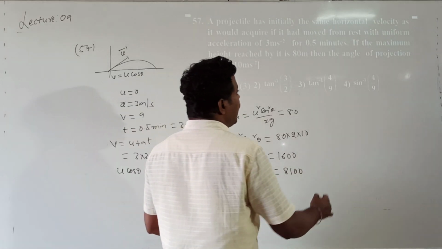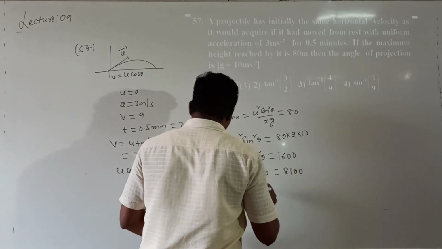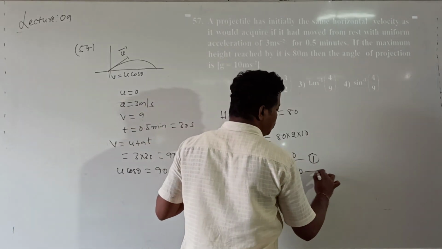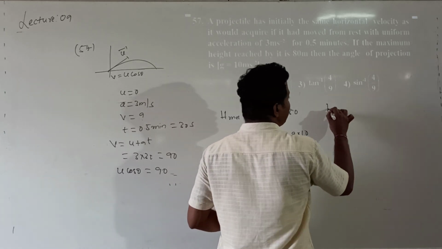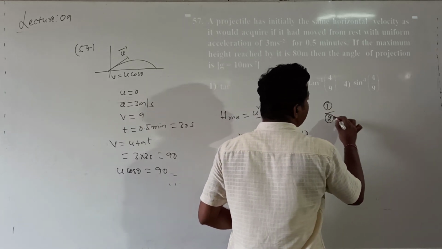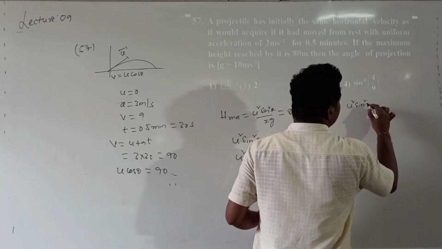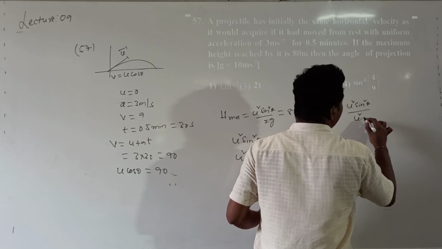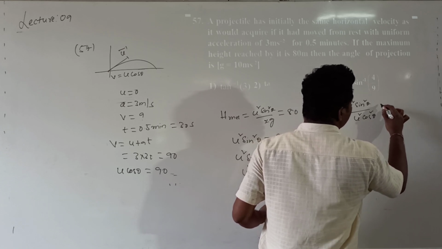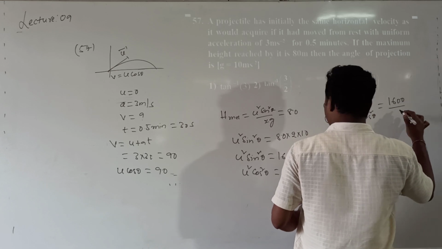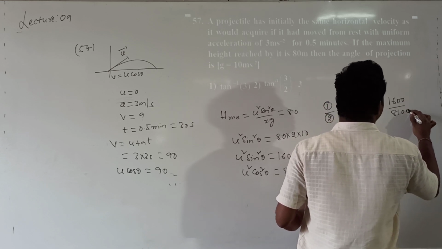So then now they are asking us to calculate angle of projection. So I will call this one 1 and this one 2. Then can I divide equation 1 with 2? What will we get? u square sin square theta divided by u square cos square theta is equal to 1600 divided by 8100.